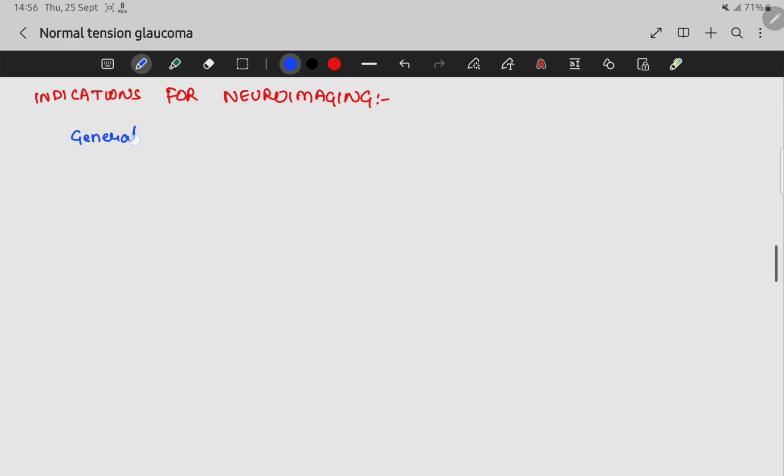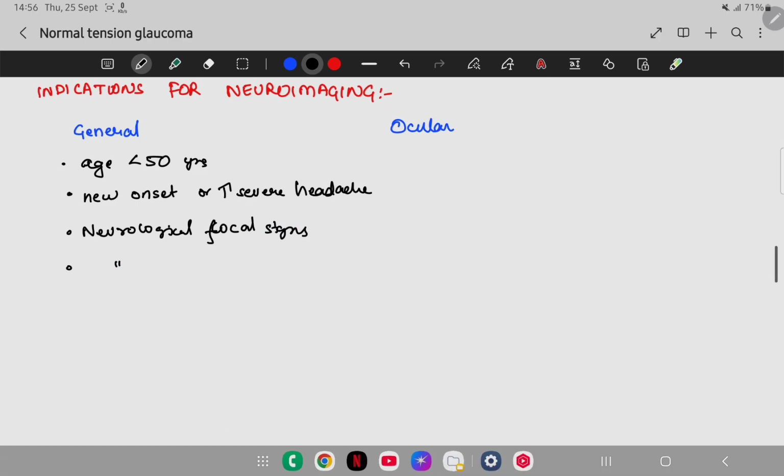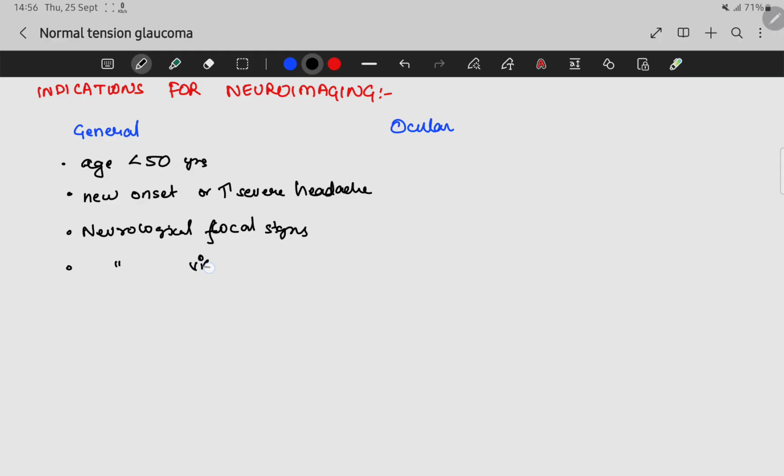So in general, we need to perform if the age is less than 50 years, because it's common in old age above 60, and if there are new onset or very severe headaches, focal neurological signs and symptoms, and neurological visual abnormalities.